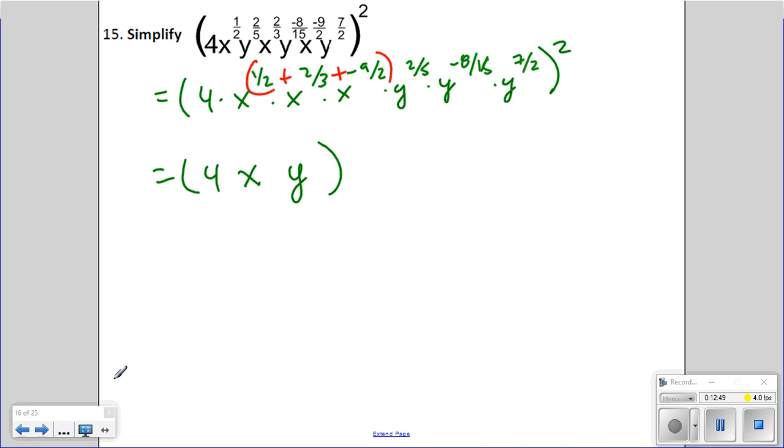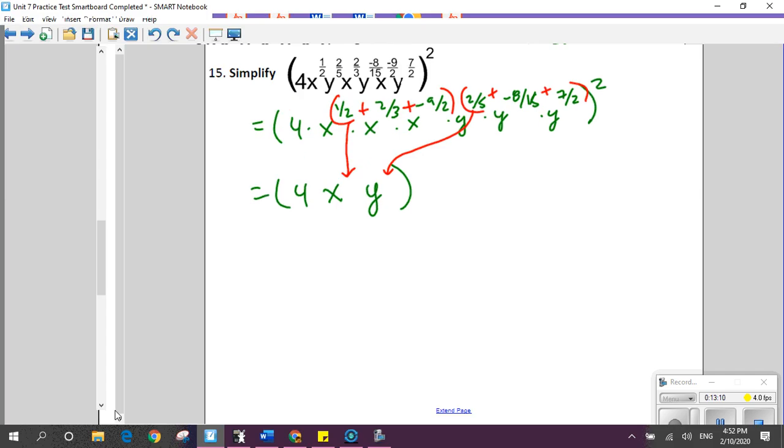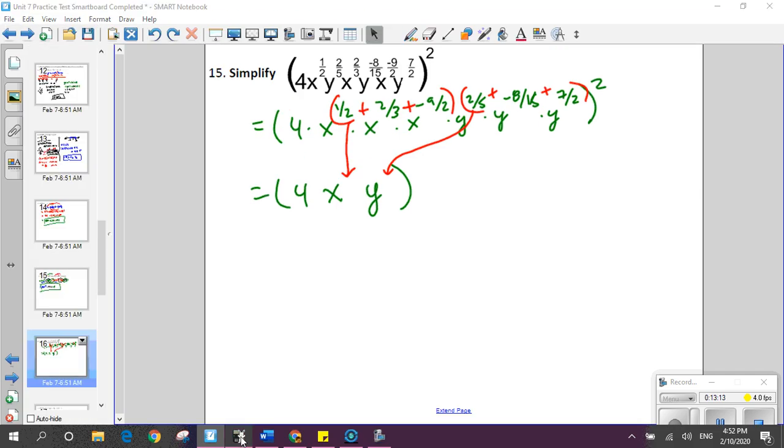And then I'm going to do a similar thing with 2/5 plus negative 8/15 plus 7/2 and take that and put it on top of my y value. So if you don't want to do the fraction work by hand, again, by all means, consult the calculator.